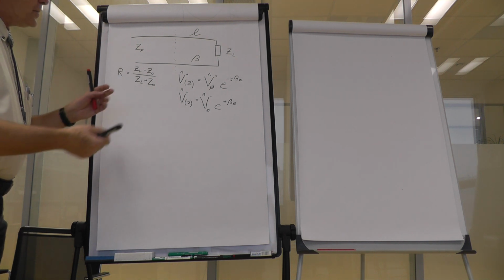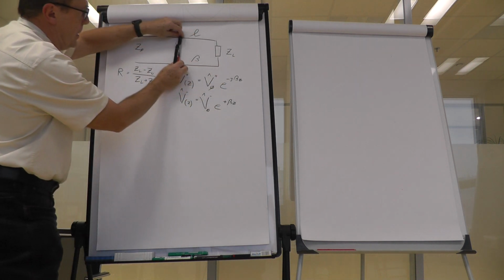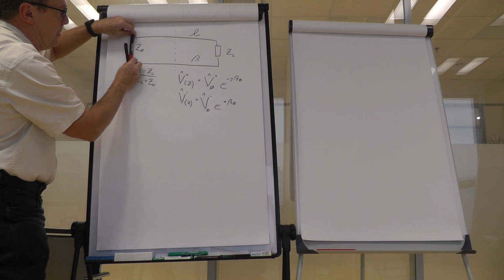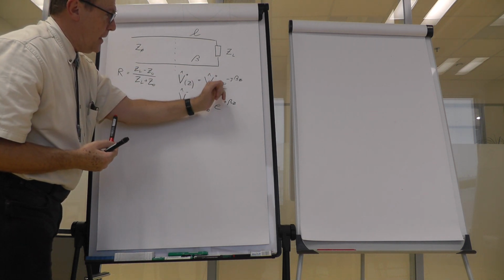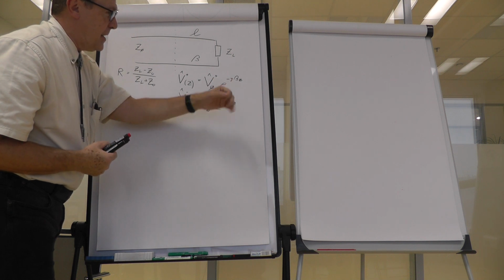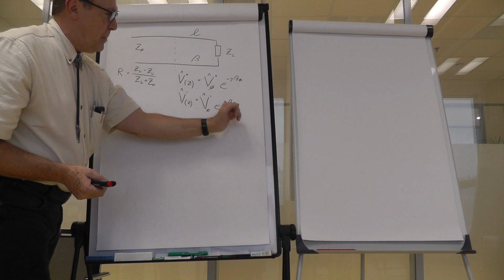And now, if we watch the phase difference along this line, we can see that one wave decreases its phase by beta z, the other increases its phase by beta z.